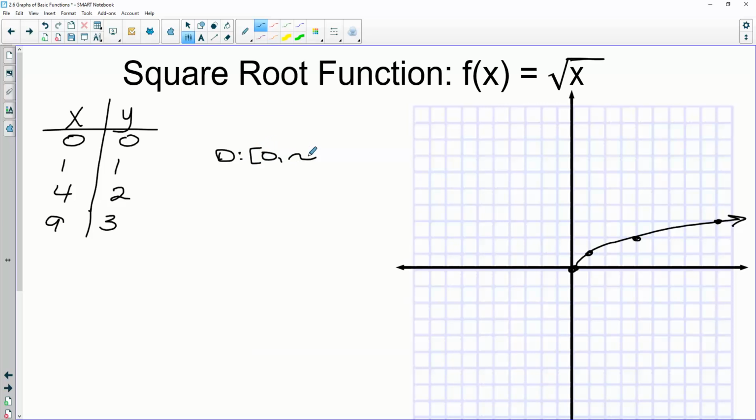Because it's a closed circle, 0 is a bracket. Range, same thing. Compared to positive infinity. All right, just a couple more here. Any questions so far on these?